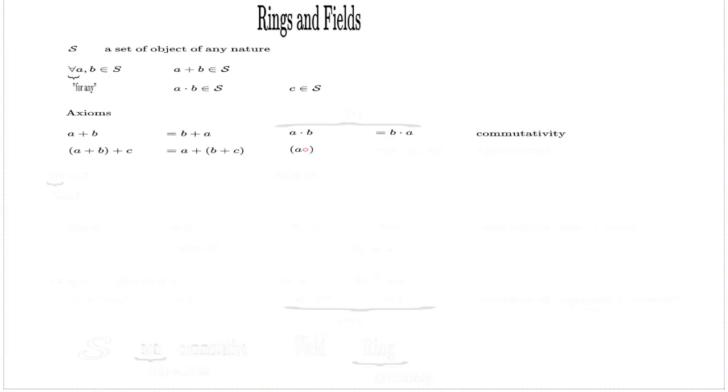A similar identity is required for multiplication, and these two identities are called the associativity property of the plus and times operations.